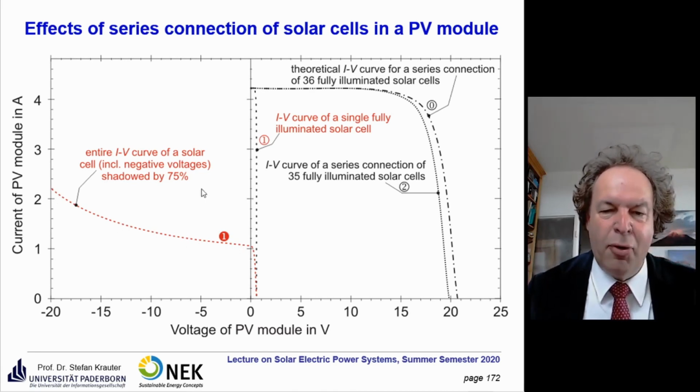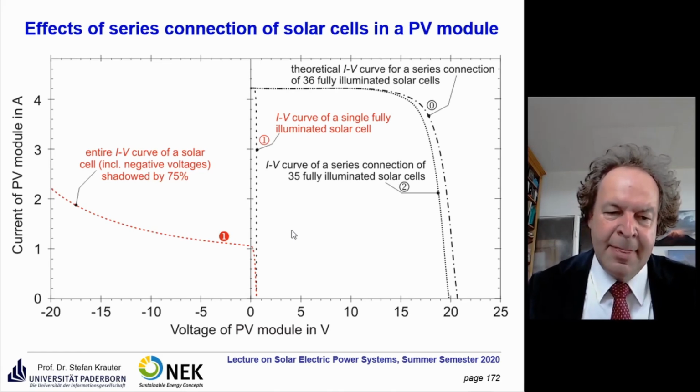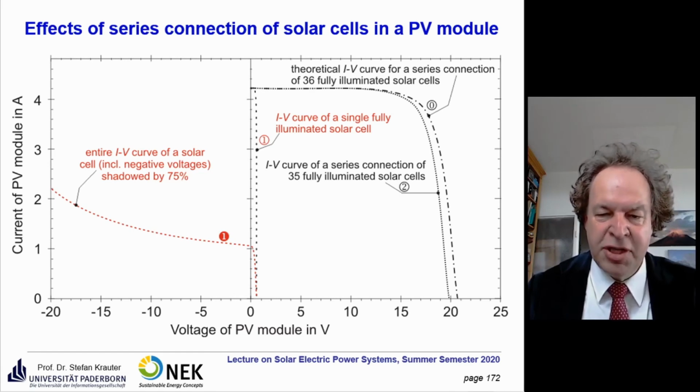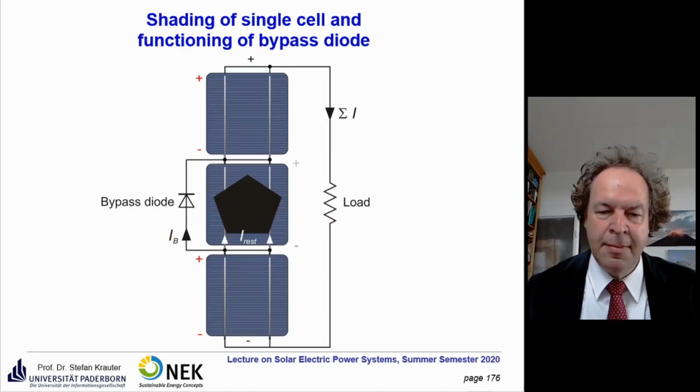And why is this important? Because if we interconnect 35 fully illuminated cells and one cell which is illuminated by only 25% in a circuit, considering also the load, then there will be negative voltages. I'll explain, wait a minute.